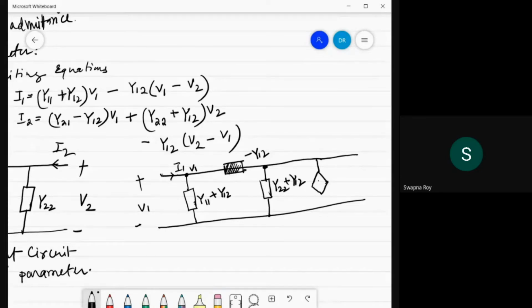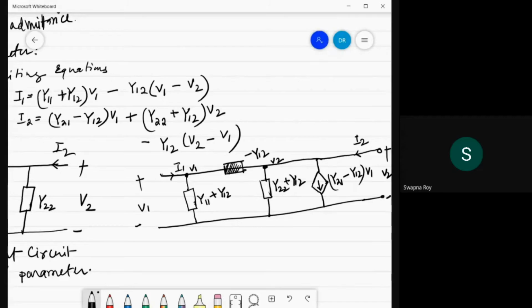I'm writing the expression for the output port current. This is a voltage controlled current source, Y21 minus Y12 into V1. So this is the output port voltage V2 and I2 is entering. Try to understand. This port voltage is V1 and this output voltage is V2.